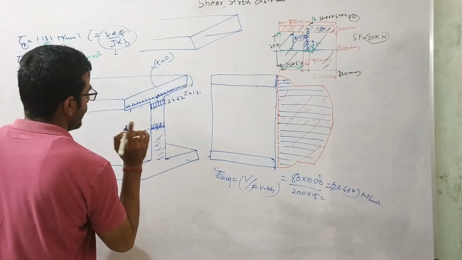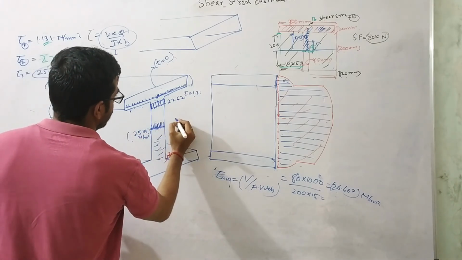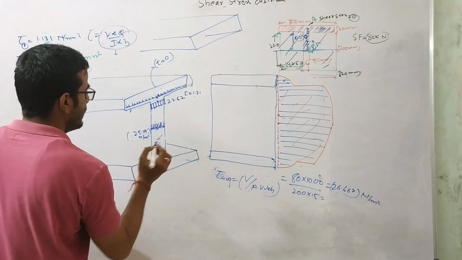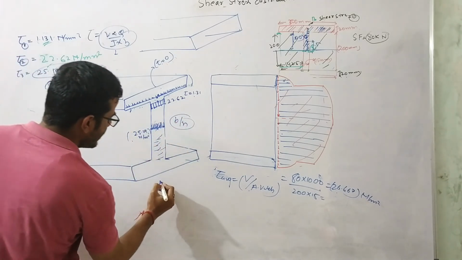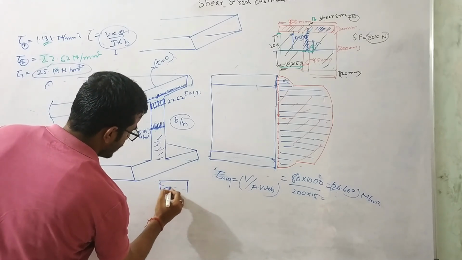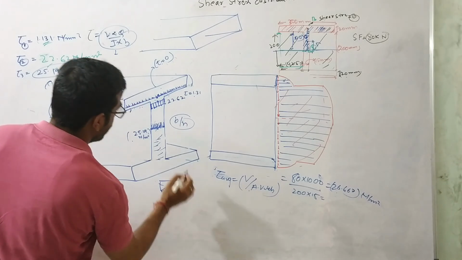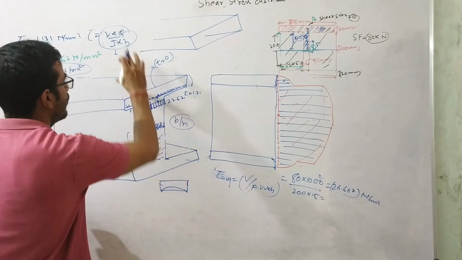Okay, but the point of consideration is the neutral axis. At the flange, you can see that the width upon height ratio, b by h ratio, is large. So the variation which we have assumed in the cross section is not the actual variation. At the neutral axis level, my b by h ratio is very small. So this formula will hold for my results.